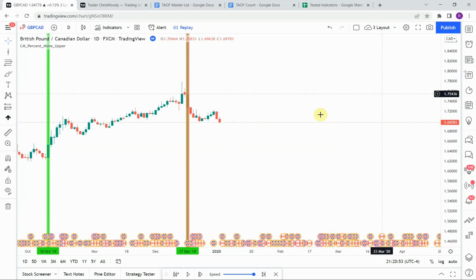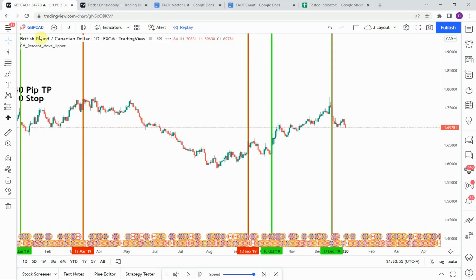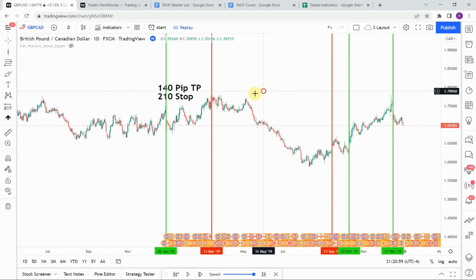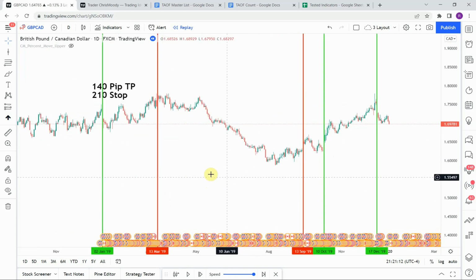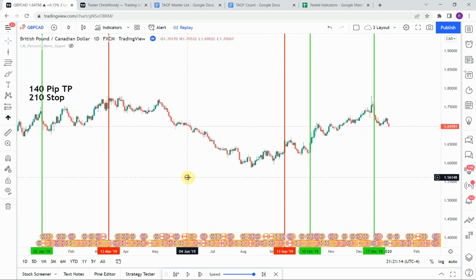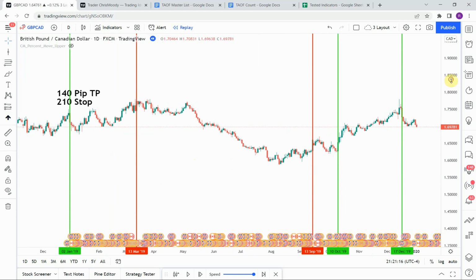All right, so let's go ahead and take a look at our indicator here. I'm going to go ahead and turn it off so that way we can get a clear picture. All right, so we have 1, 2, 3, 4, and 5. We have 5 trades all together, and we have 1, 2, and 3 winners. So that is going to meet the 60% criteria that we're looking for.